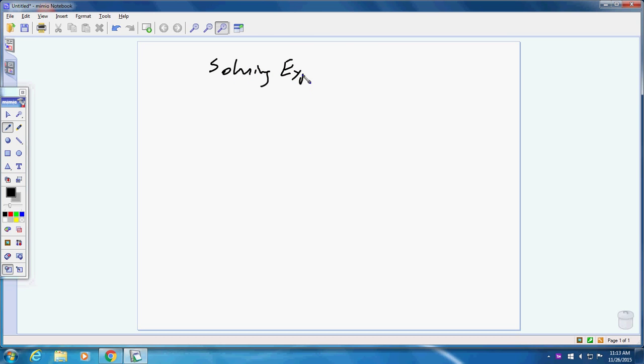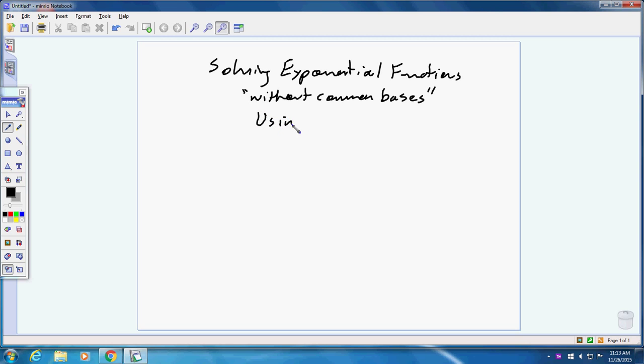Okay. So solving exponential functions, let's say, without common bases. So I guess we could say using logs.